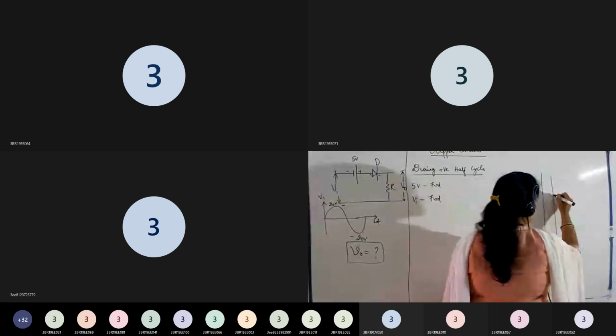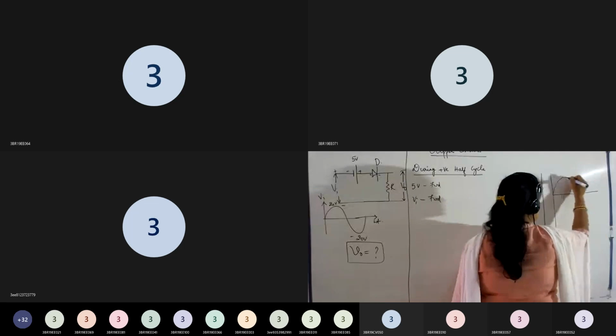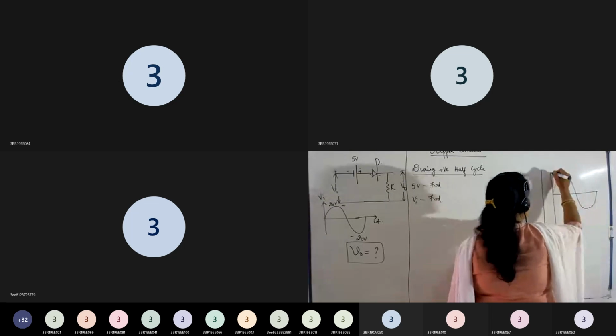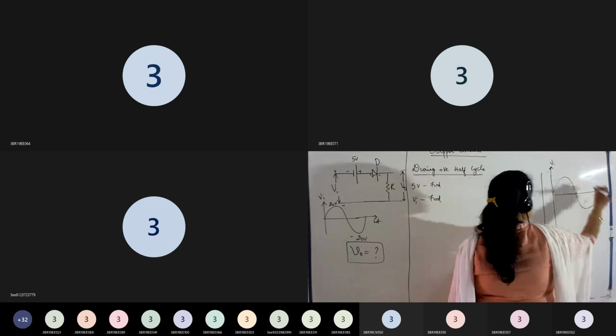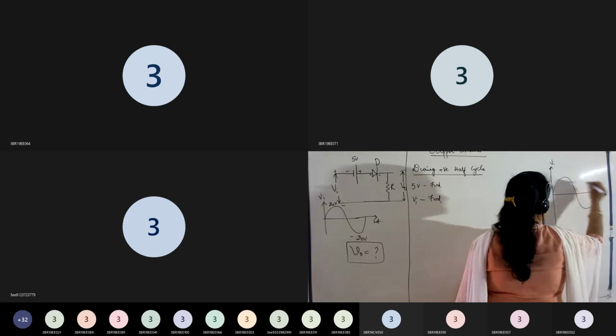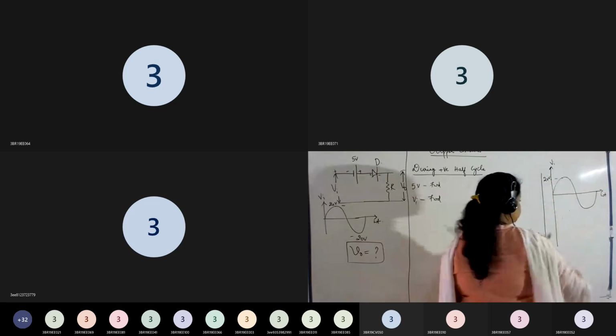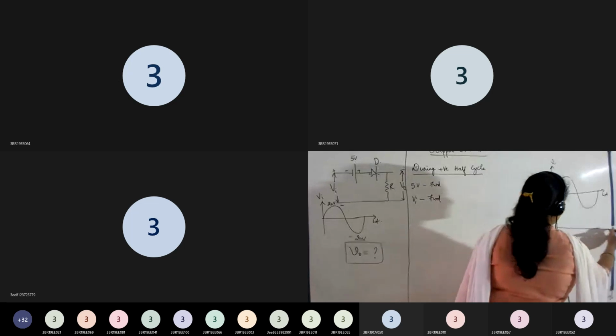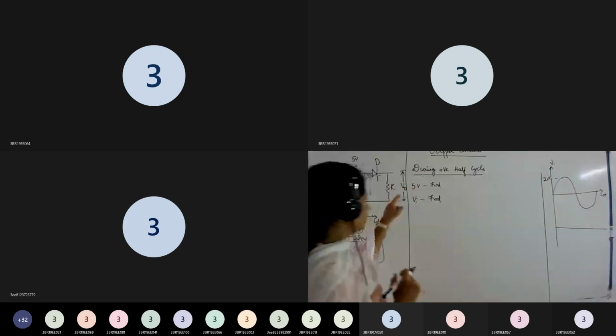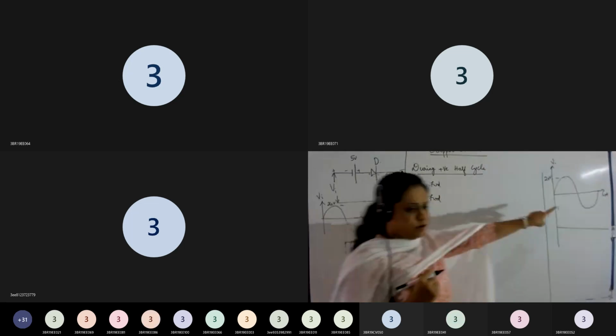Now I have to draw the waveforms. First let us write this. This is the input. VM is 20 volt. Observe here, I should write this 5 volt line now in the input waveform.